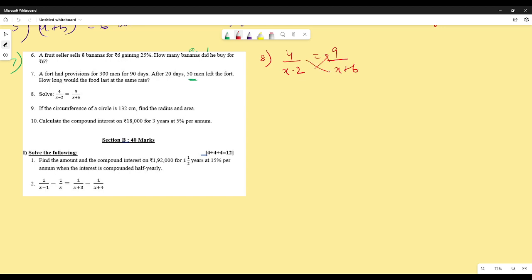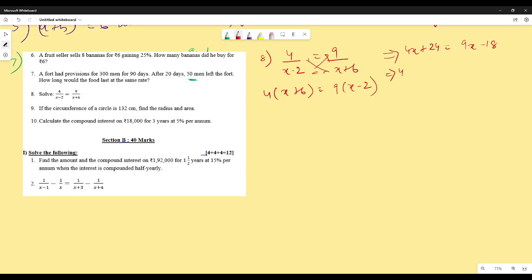All that you need to do is simply cross multiply. So you have 4 into x plus 6 equals 9 into x minus 2. So this would move ahead and you will get 4x plus 24 equals 9x minus 18. Now you take the x to one side and the numbers to the other side.